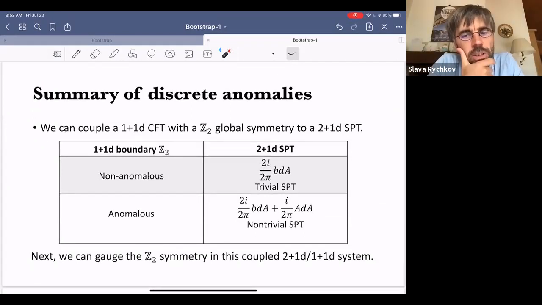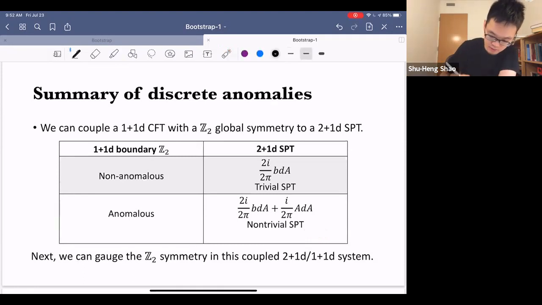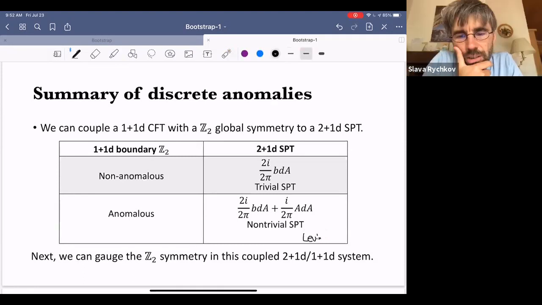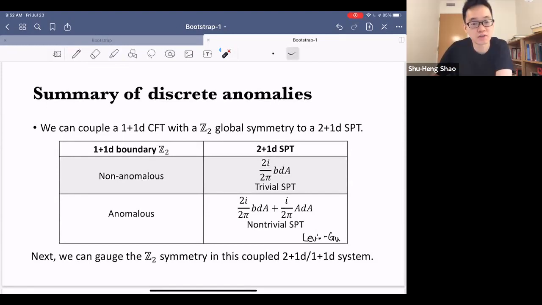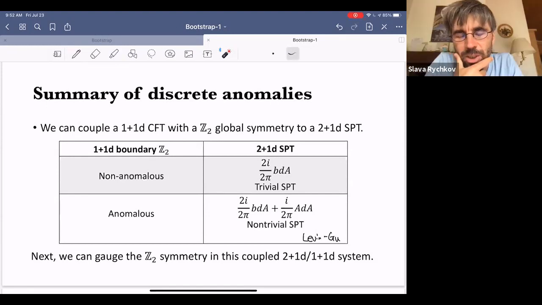So just to be concrete, you said that, for example, one SPT we could consider would be this Levin-Gu model, right, this guy. According to your discussion, we know that on the boundary of the Levin-Gu model, we should find something interesting. For example, what do we find there? Do we find a CFT or do we find the broken phase?